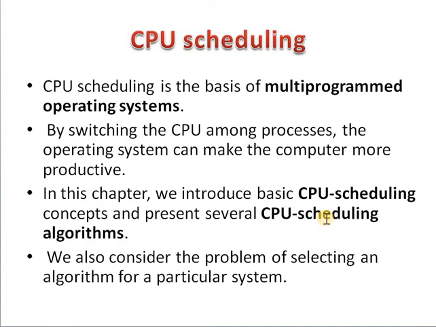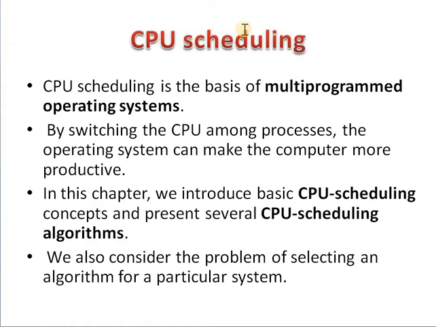In a multiprocessing system, we need CPU scheduling because there are n number of processes going to be executed simultaneously. So, in that case, we need the CPU scheduling. With CPU scheduling, we are managing the different processes that are going to be executed in that particular operating system.